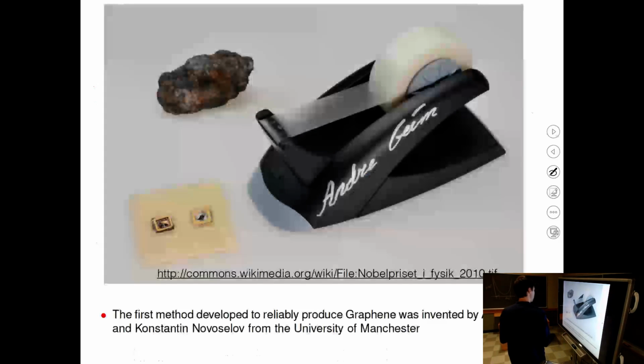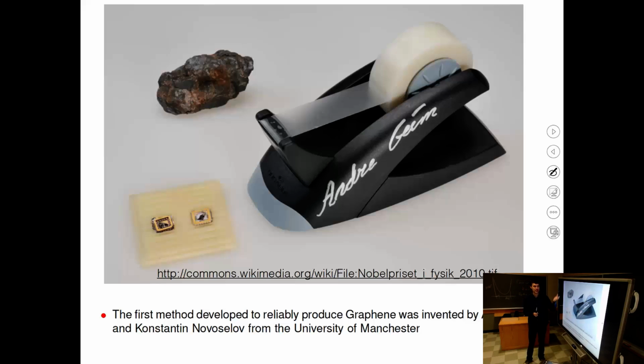Okay, so this is how you can make graphene, and it was done by Kostya Novoselov and Andre Geim at Manchester. They took Scotch tape. You can see it here. Apparently, Geim's tape gets stolen a lot, so he wrote that it's his.